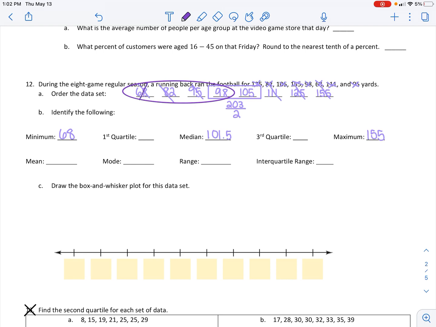So if I cross off again on each side, I end up with two numbers again in the middle, 82 and 95. So I'm going to add those together, which gives me 177, and I'm going to divide by 2, which does give me 88.5.